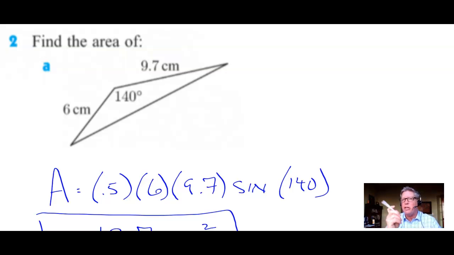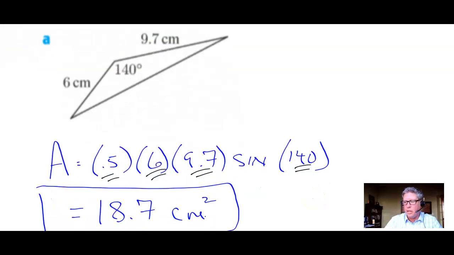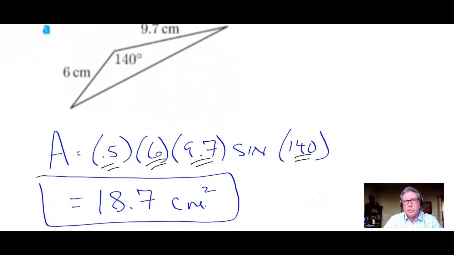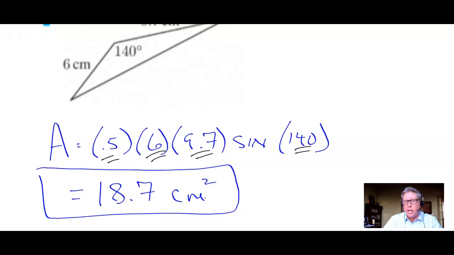Remember, the sine values as you go from 0 to 180, which are all possible angles inside a triangle, are all positive. The sines are the y values, so that's kind of cool to recognize off the unit circle. Hey, plug and chug. 1/2, first side, second side, and the sine of the angle. Make sure you're in degree mode. Sometimes that messes with people. You're good to go.